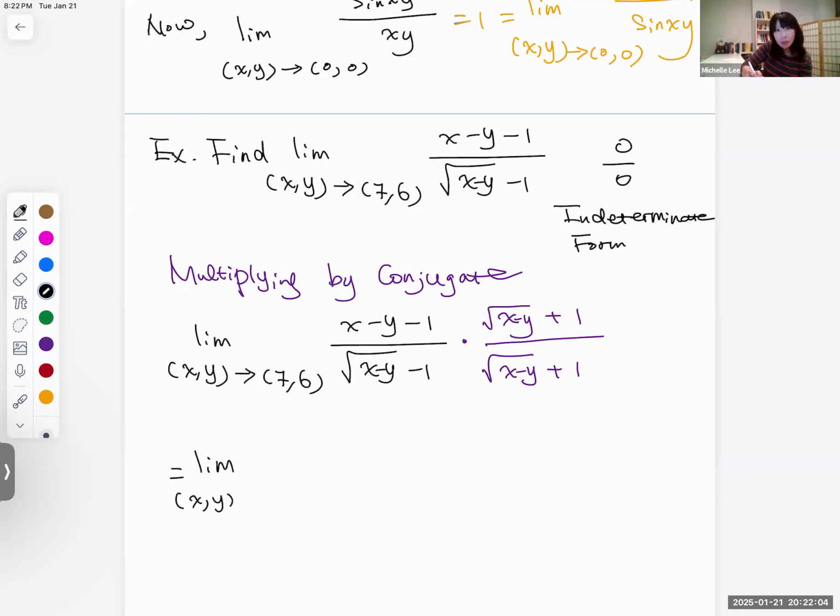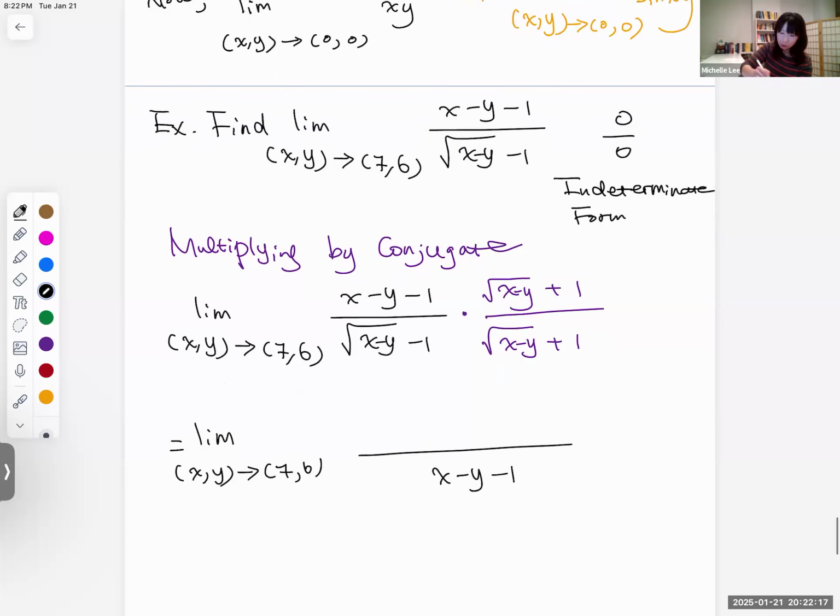So that will be the limit as (x, y) approaches (7, 6). The denominator has x minus y minus 1. Note: a minus b times a plus b is a squared minus b squared. That's why the denominator is like that.